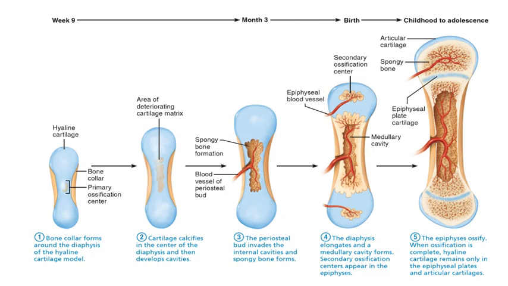When the blood vessels come in, they come in with mesenchymal stem cells as well as fibroblastic cells. Mesenchymal stem cells differentiate into osteoblasts and osteoclasts.